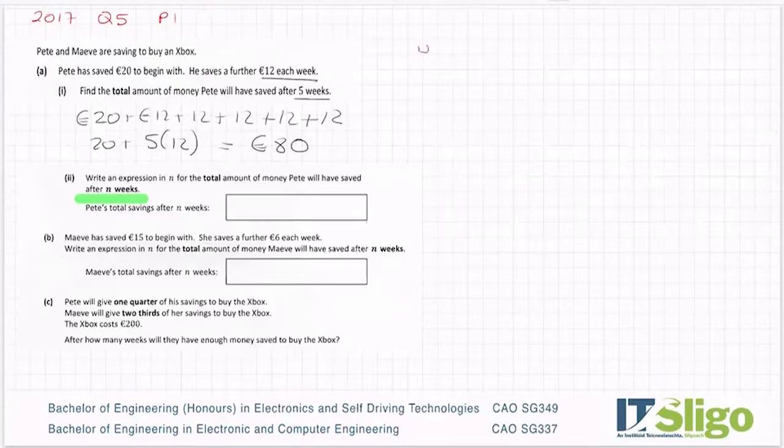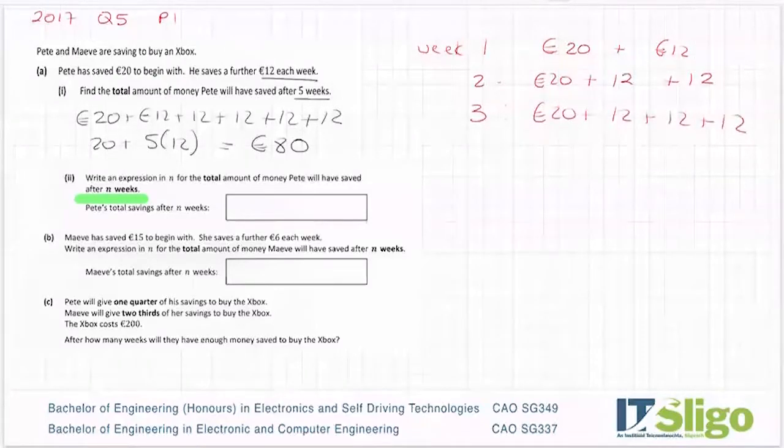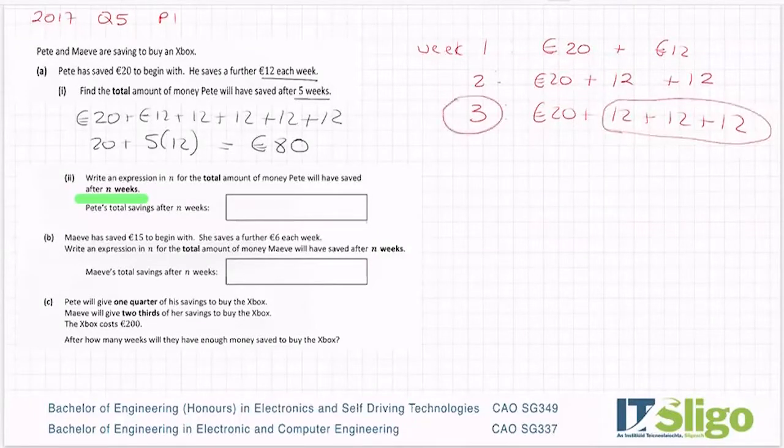If I was going to take week 1, Pete would have saved 20 euros plus the 12 euros. In week 2, he would save 20 euros plus 12 plus another 12. In week 3, it would be 20 euros plus 12 plus 12 plus 12. So the amount of 12s that I have equals the week that I'm in.